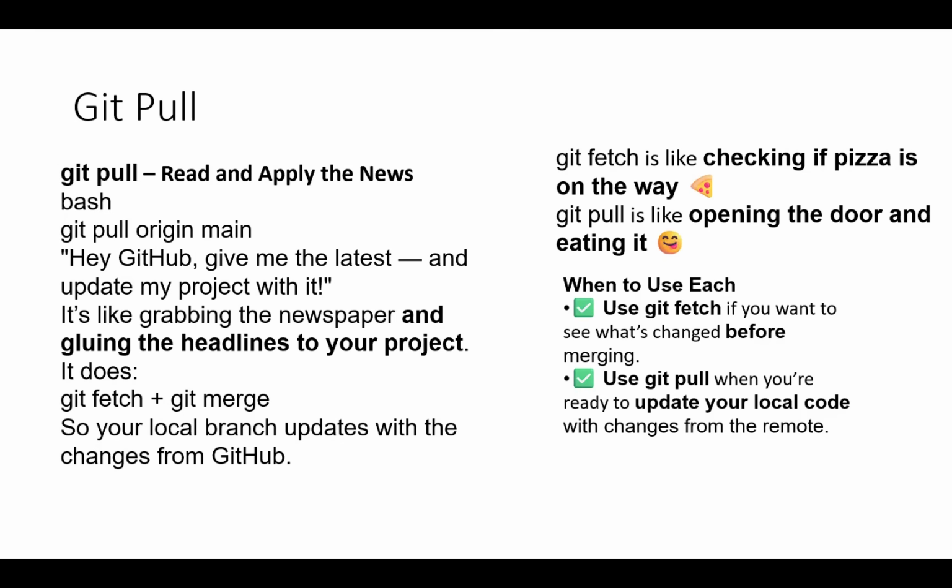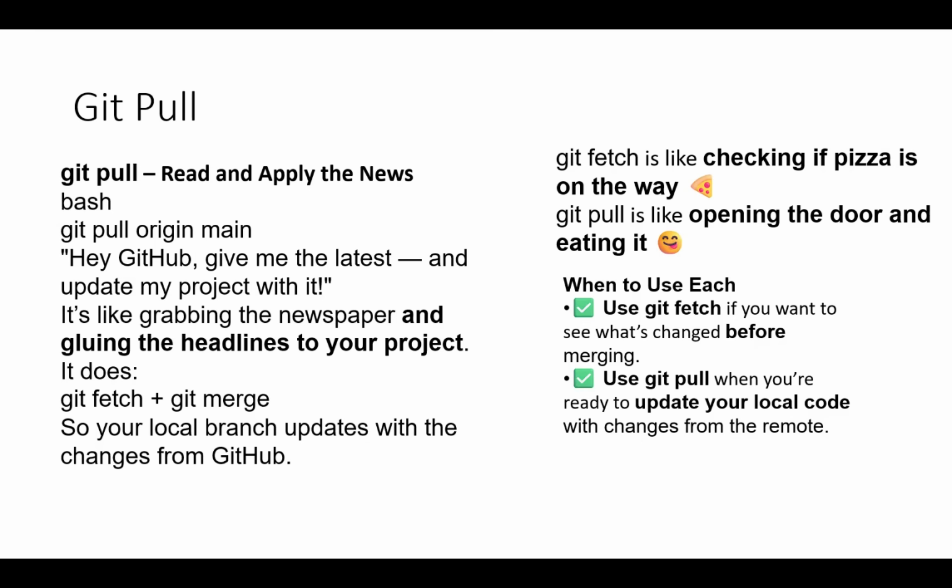I will show you a small example of this. Similarly, pull is basically pulling those changes from GitHub to your local repo. It does change things. In git pull, we are doing a fetch along with a merge. So we are fetching the repo branch details and the commit details, and merging them into our local code.